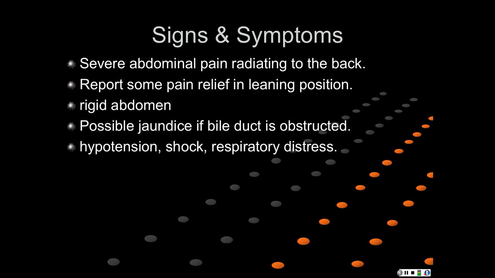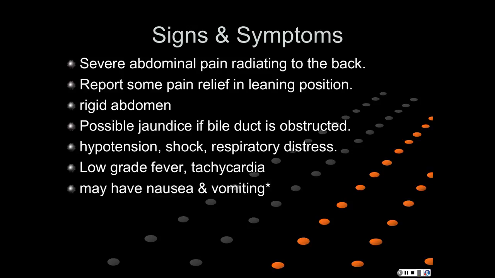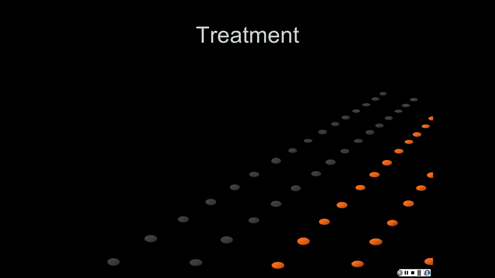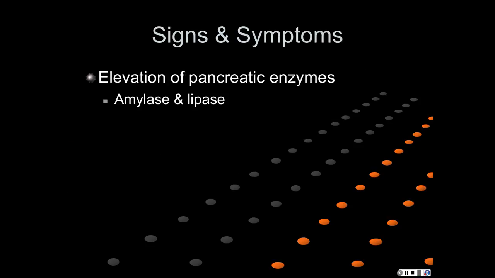They hold themselves rigid because breathing in and out hurts. Hypotension occurs because some of that fluid is now in the tissues. They may run a low-grade fever, tachycardia, nausea and vomiting. The nausea and vomiting can be quite severe, to where they require a nasogastric tube.